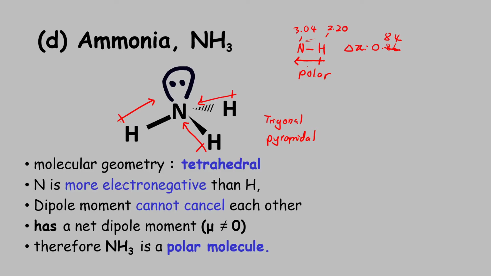So, if you look again, we have a net dipole moment upwards. If you look, all the ones on the pyramid are pointing up. All their dipole moments are pointing up. Because of the lone pair, we imagine it as if it isn't there. Like a ghost, so we imagine it isn't there. So, the dipole moments cannot cancel each other, and NH3 is a polar molecule.